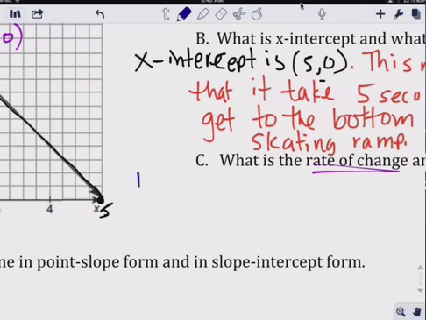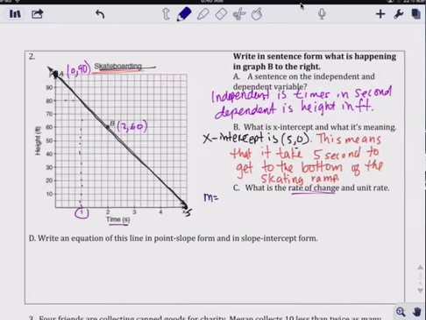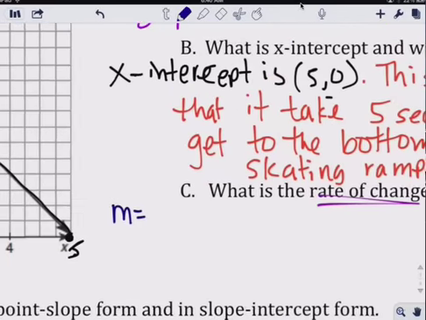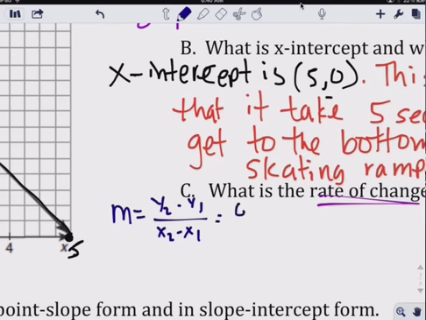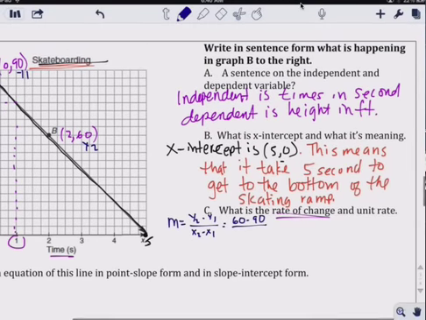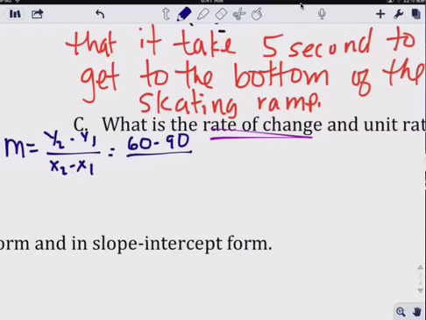So my slope then is equal to y2 minus y1 over x2 minus x1. y2 is 60 minus 90 over 2 minus 0. It's x2, x1, sorry.